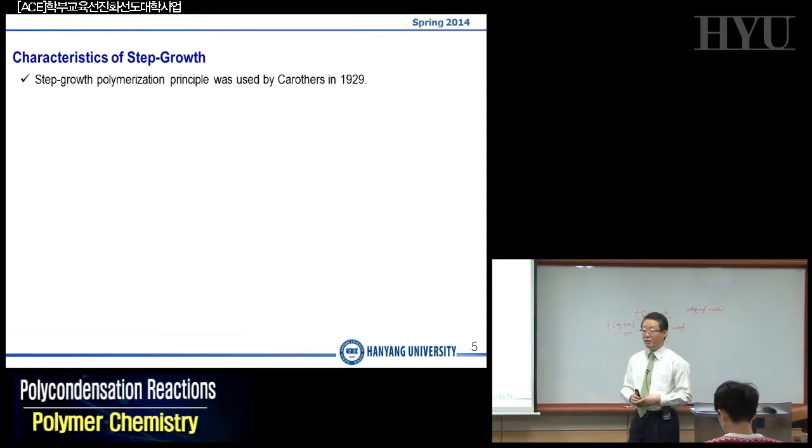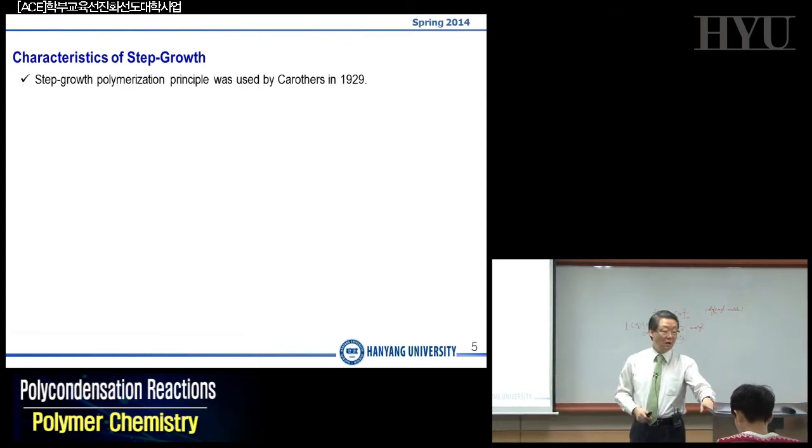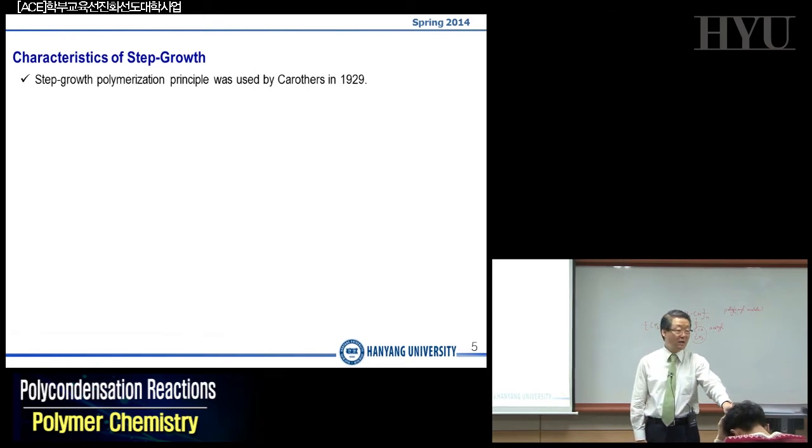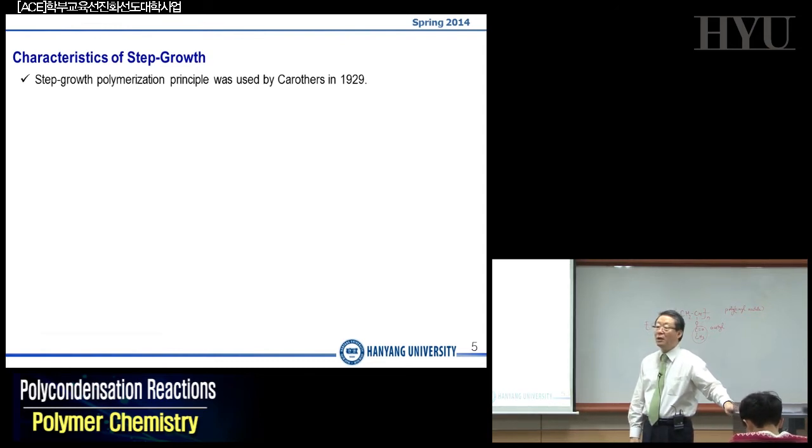At the beginning of chapter 1, we discussed the history of polymers, and I emphasized a very important person, Carothers. He was a professor at Harvard University chemistry department, an assistant professor at the time, and quite young.